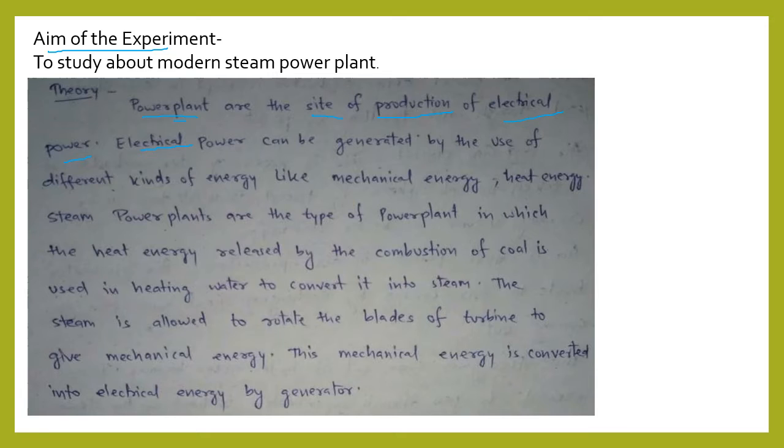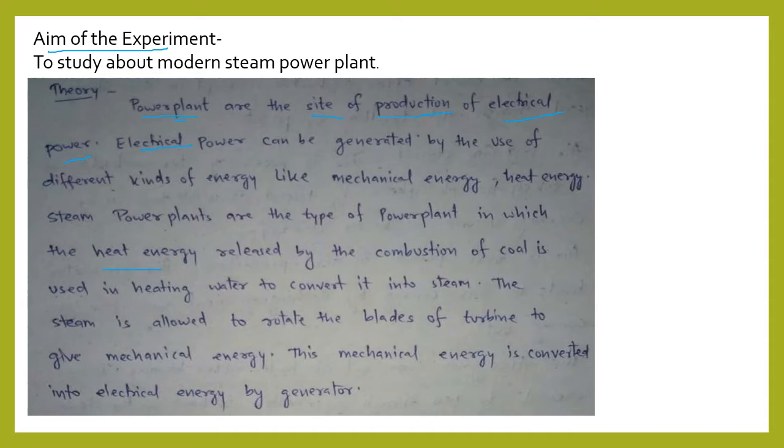So a steam power plant is the power plant in which we generate electrical power by utilizing the heat energy released by the combustion of coal or any type of fuel. The fuel is burned and releases heat energy.